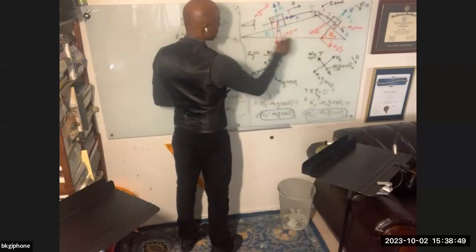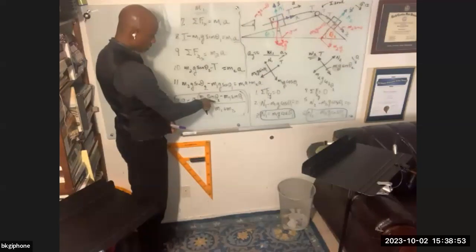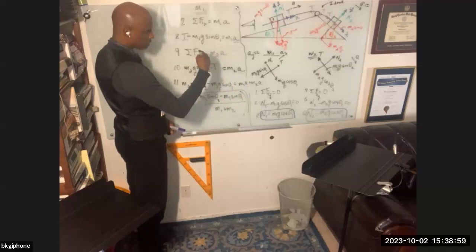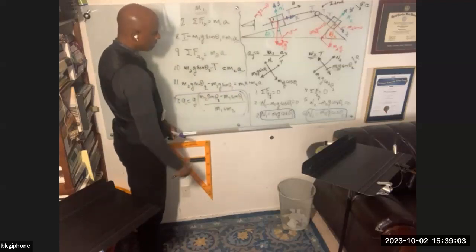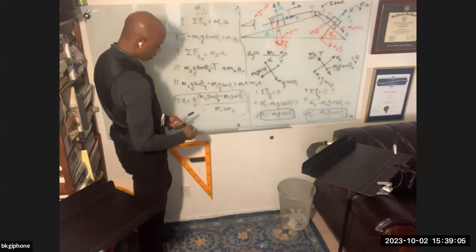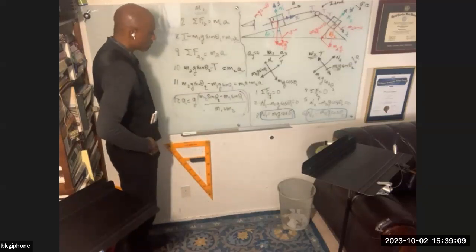So when sine of 90 is 1, this term just becomes M2, and we're back to the solution of the problem we just did: M2 minus M1 sine theta is the thing. And you can go through and work that out and do that for all the angles, and it'll work out.